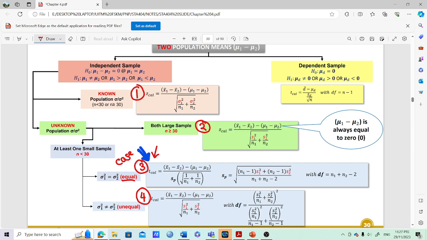Case 4, I'm going to cover later. Again, case 3 and case 4 require you to conduct the Levene test. It means that before you calculate the test statistic for case 3 or case 4, you need to conduct the Levene test.